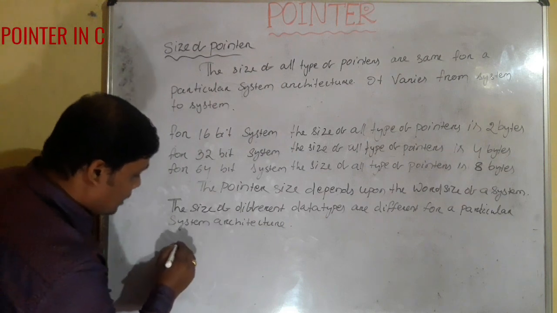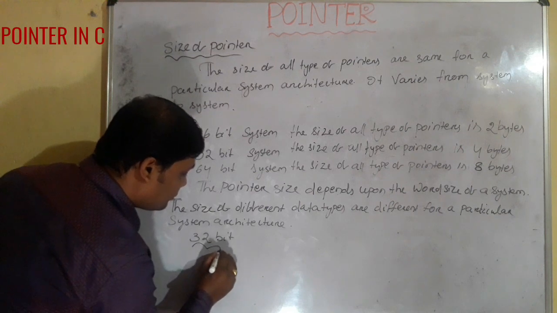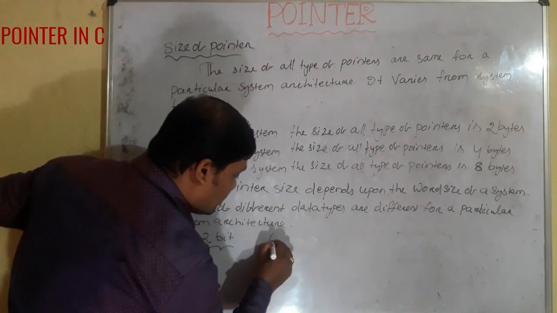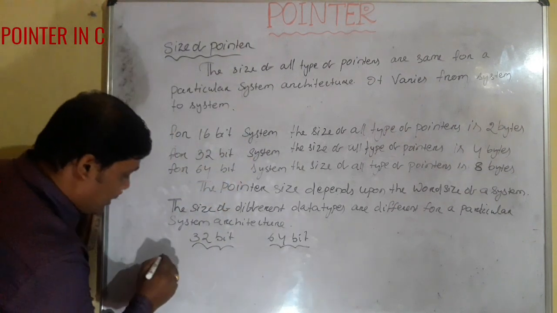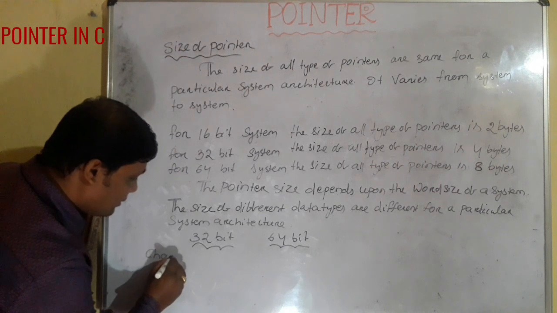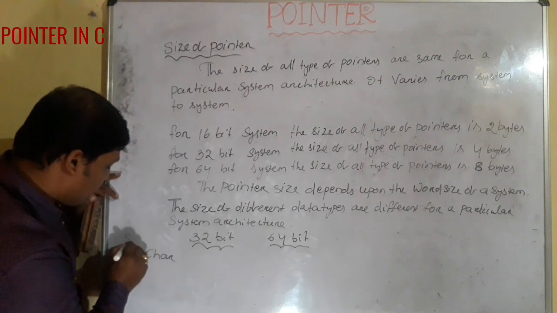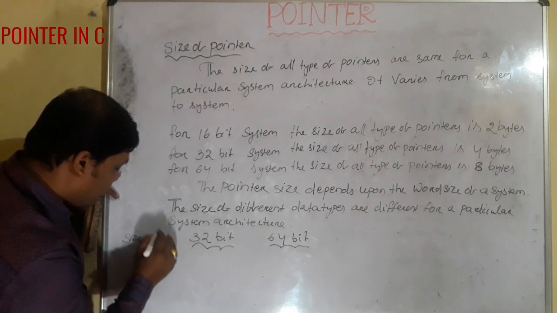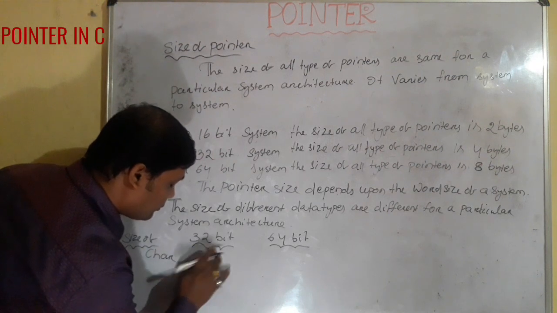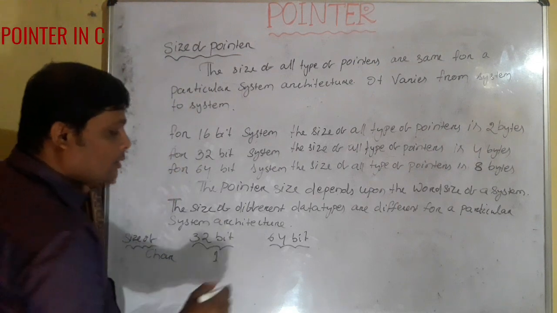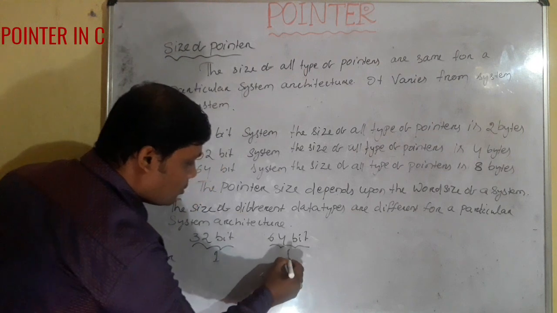For example, if your system is a 32-bit system and another system is a 64-bit system, then if the data type is char, for 32-bit the size of char is 1, and for 64-bit it is also 1.